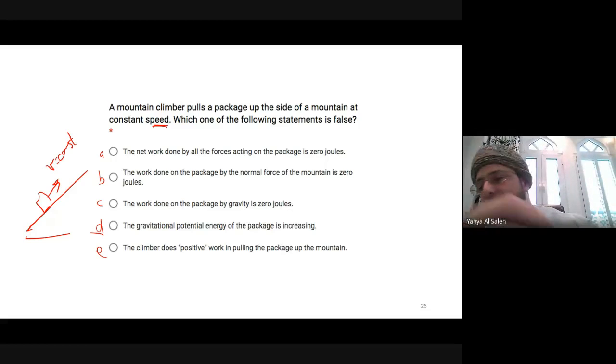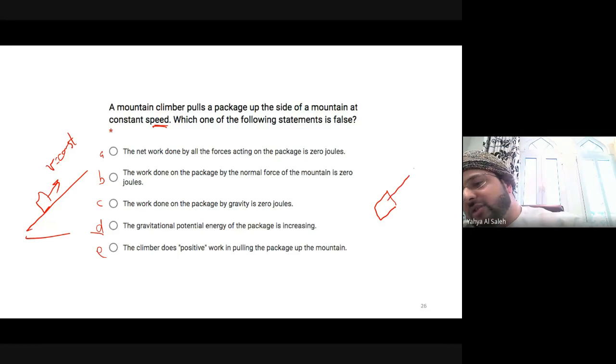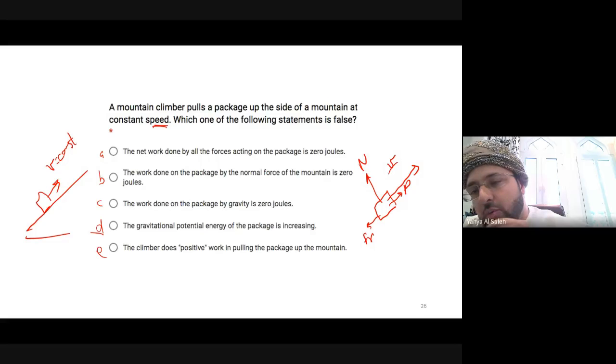What are the forces on this? Direction of movement is this. We have pull, we have friction, we have normal force. We have gravity, which means g cosine theta is this way, and g sine theta is this way.